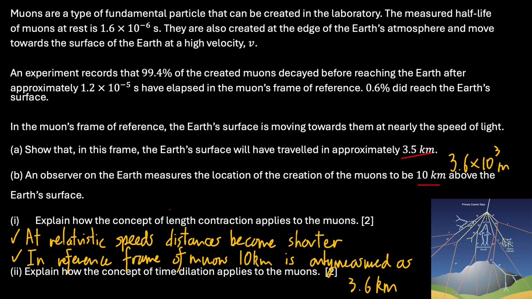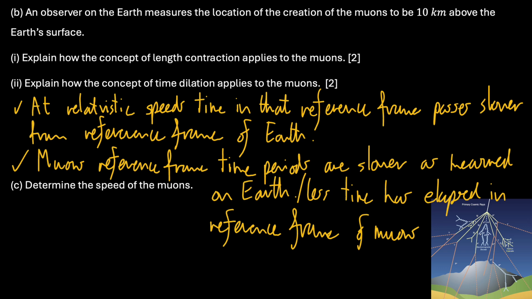Next up, time dilation. In the reference frame of the muons, time moves slower according to the reference frame on Earth. So time seems to flow faster on Earth and slower for the muons because they're moving at relativistic speeds.